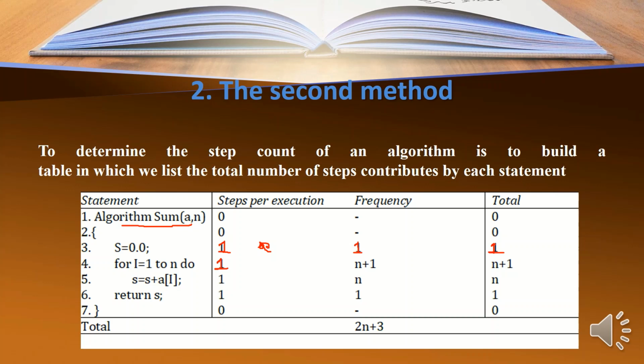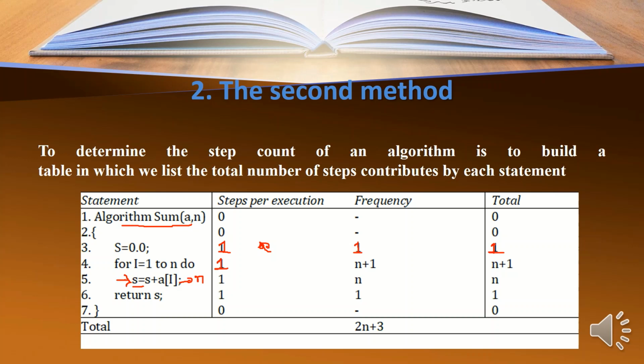Next, s equal to s plus a of i. This line is an assignment statement, so we consider it as one step. Then the number of times, you can see that this particular line executes based on the for loop. So this will execute n times, not n plus 1 times. So 1 into n is n. And return s is one step.